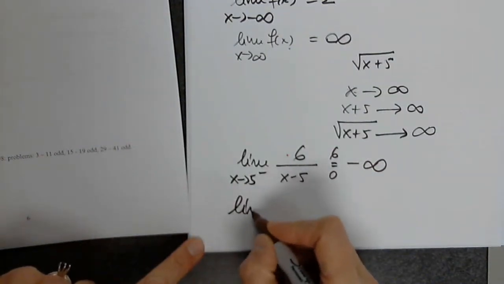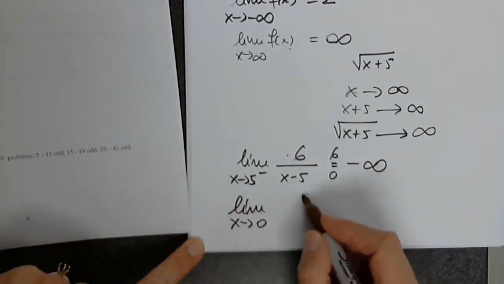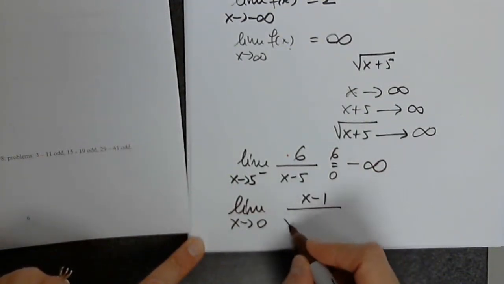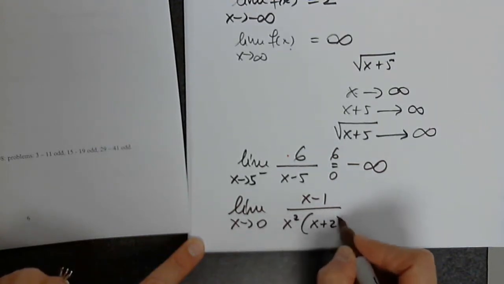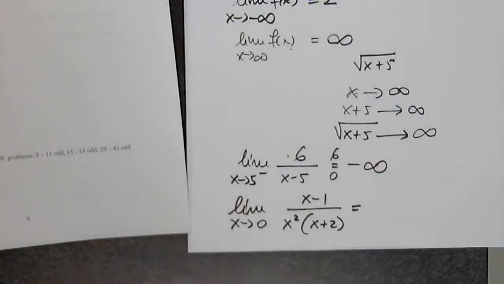So the next one, limit as x approaches 0 of (x minus 1) divided by x squared (x plus 2). Okay, this is another example, another limit. First I have to look at this limit. I plug in 0.